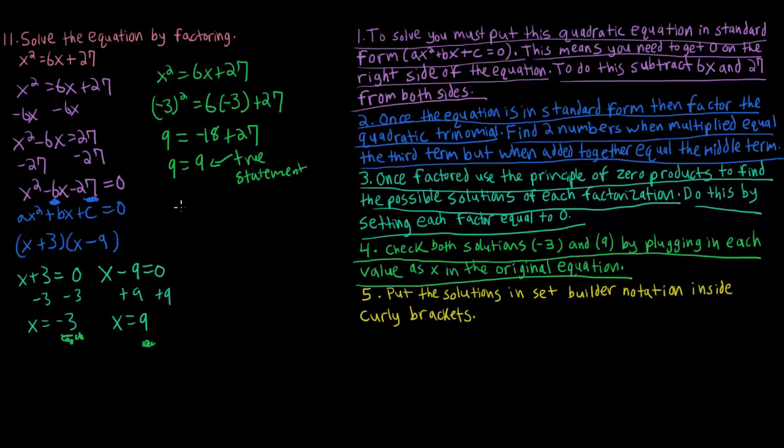So plug in the 9 value for x, so 9 squared. Make sure you keep the parentheses. 9 squared equals 6 times 9, substituting 9 for x, plus 27. 9 squared is 81, equals 6 times 9 is 54, plus 27. 81 equals 54 plus 27, which is 81. 81 equals 81.